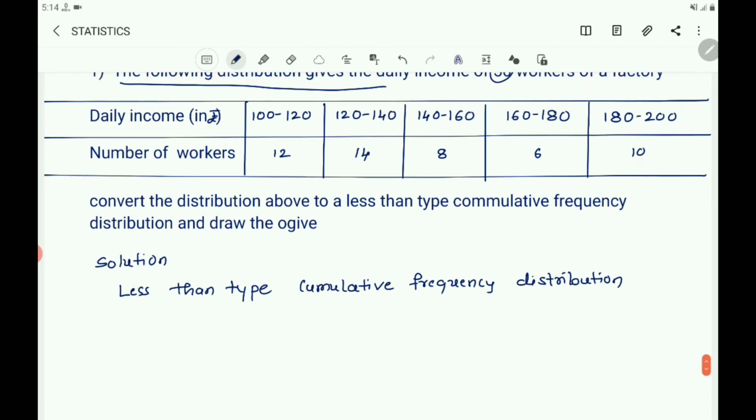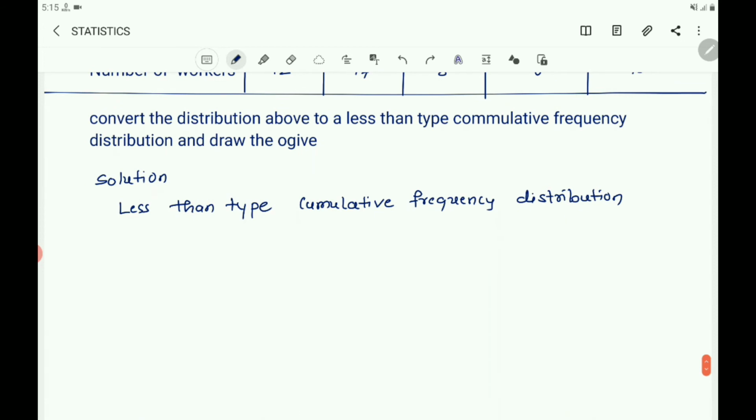So the first upper limit is 120, so you write less than 120. First you take the column daily income, and number of workers.